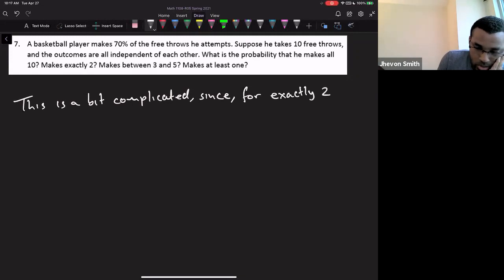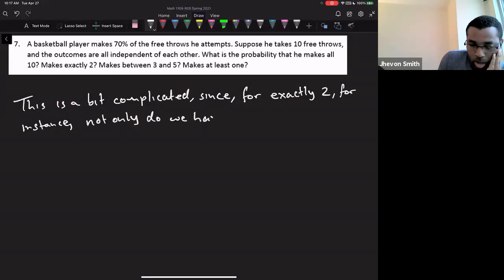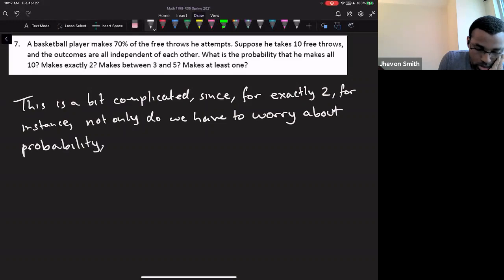For exactly 2, for instance, not only do we have to worry about probability, but also how the event can occur.